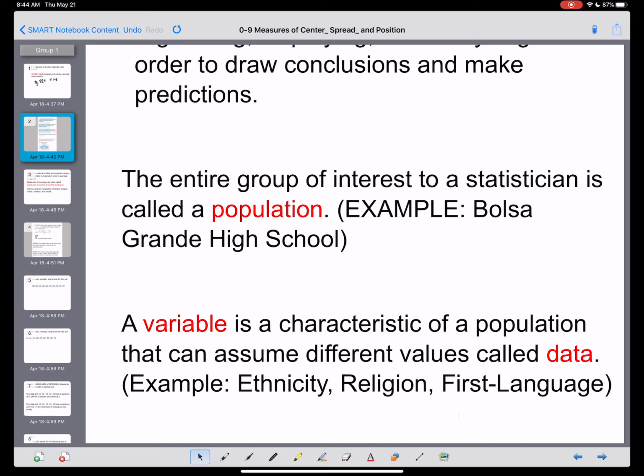It's a thing that can change within the population, like how much money you make, IQ level, grade. It's the thing that we're trying to measure that changes.